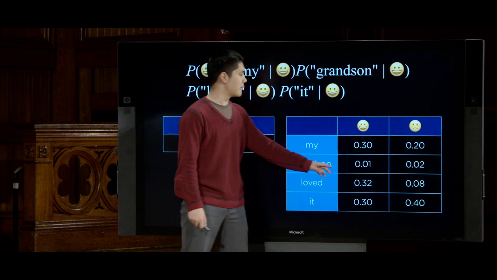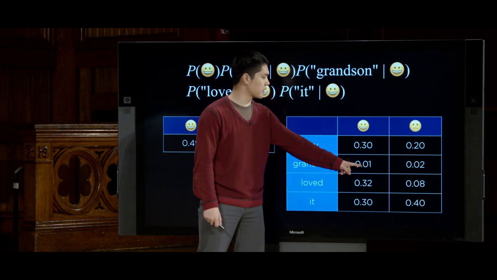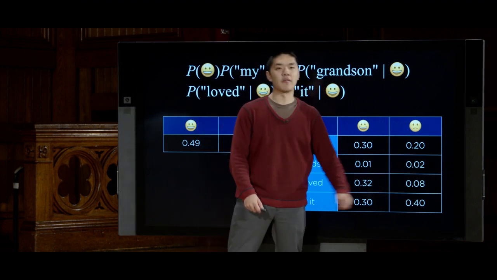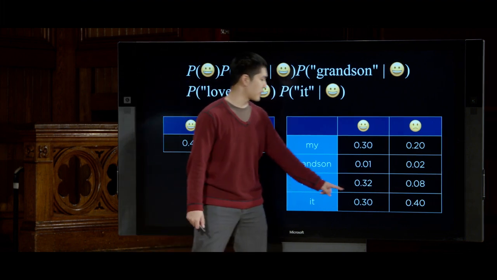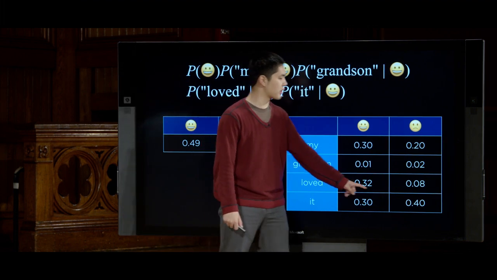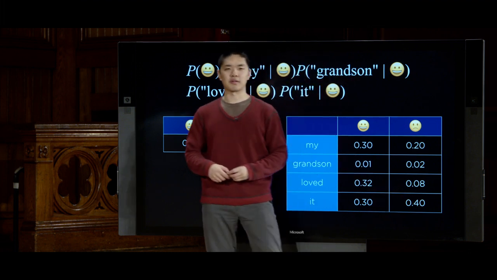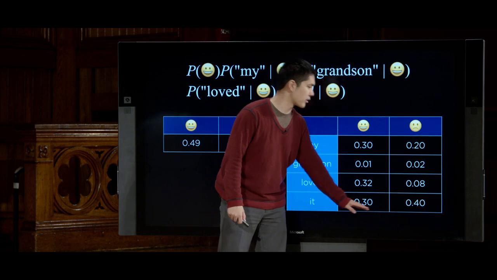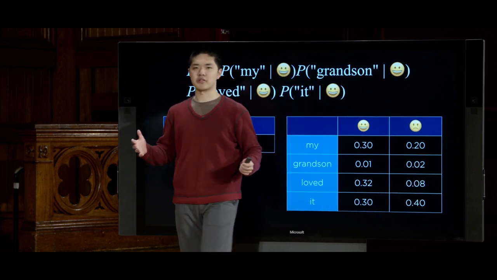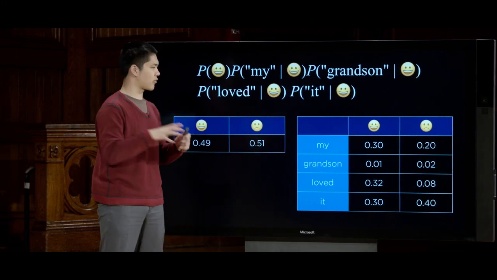Grandson, for example, maybe that showed up in 1% of all positive messages and 2% of all negative messages had the word grandson in it. The word loved showed up in 32% of all positive messages, 8% of all negative messages, for example. And then the word it showed up in 30% of positive messages, 40% of negative messages. Again, just arbitrary data here, just for example.